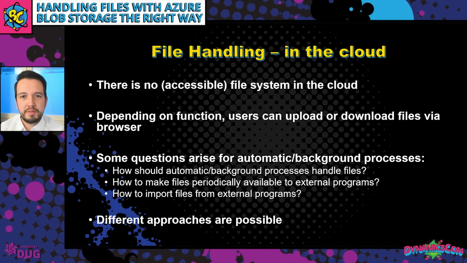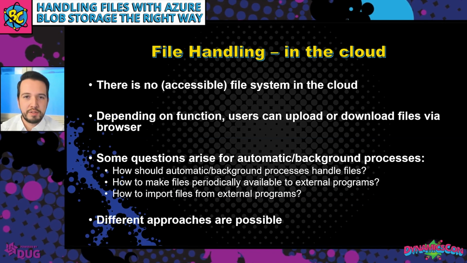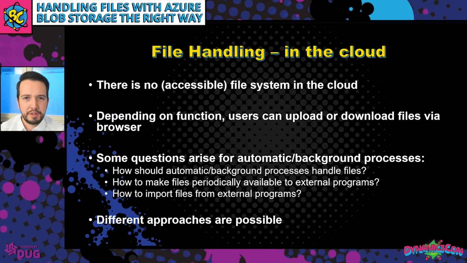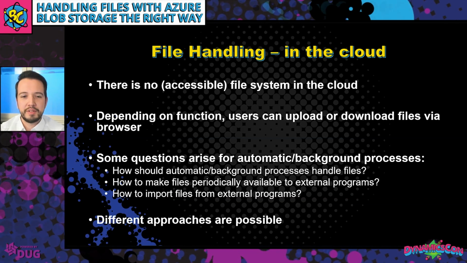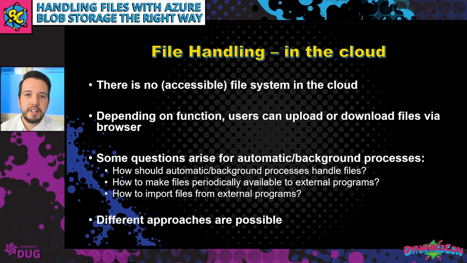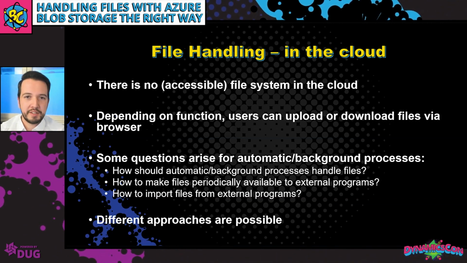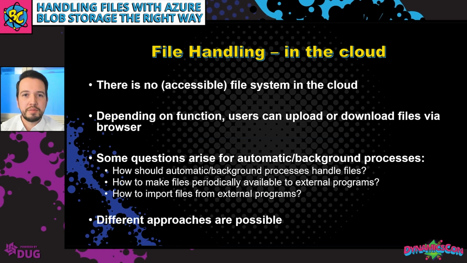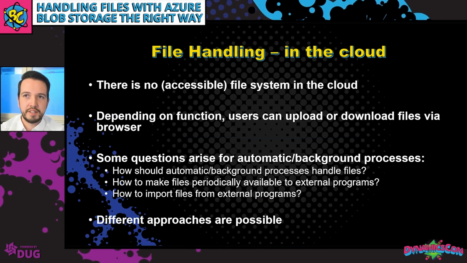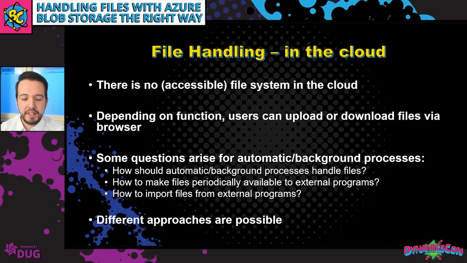But when we think about background processes or automatic processes, a few questions come to mind. For example, if there is no file system, how should automatic processes with no UI access these files? Or if we want to make files available to external programs, how should we approach this?